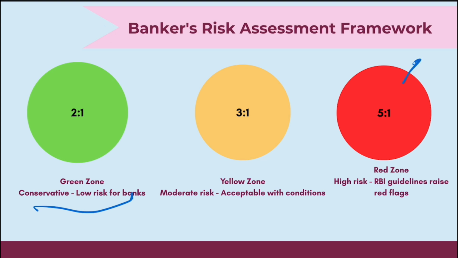Whereas this 5:1, this is red zone and high risk as per RBI guidelines, and this raises the red flag. If you are a fresh, means a new startup, or you are a fresh new customer, the bank will straightforward say no.